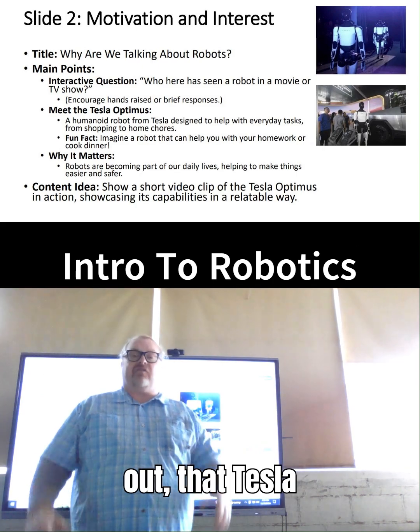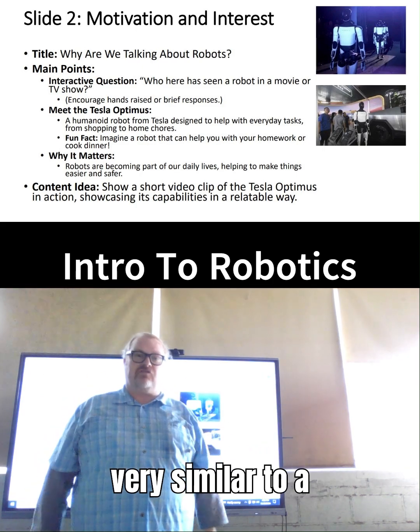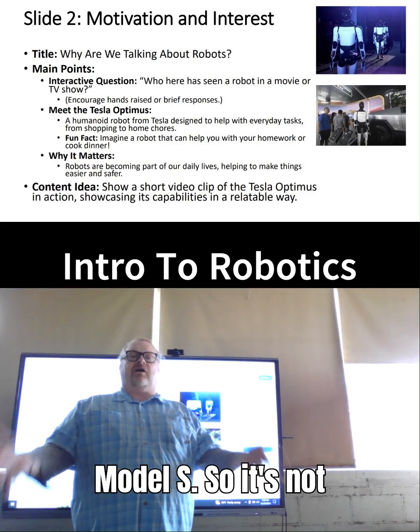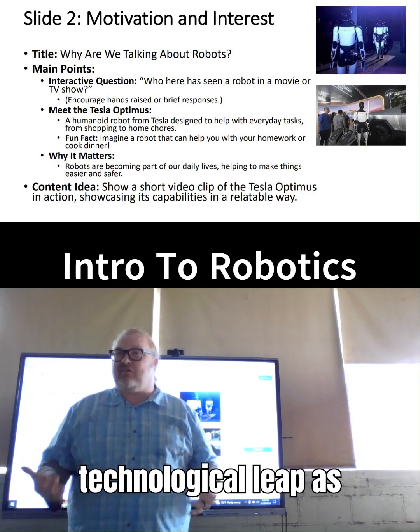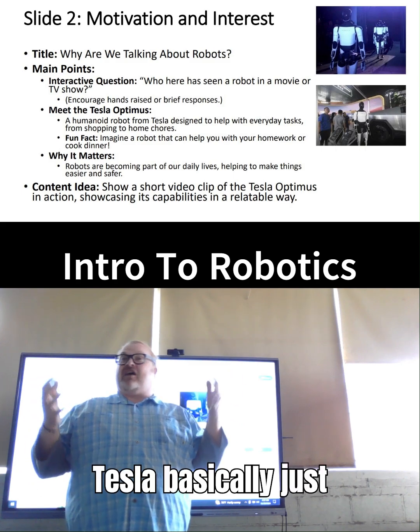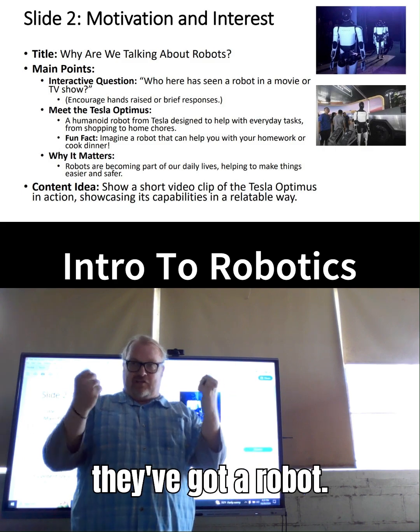As it turns out, that Tesla you're looking at there is technically very similar to a Tesla automobile, like a Model 3 or a Model S. So it's not quite as big of a technological leap as you might think. Tesla basically just put a new chassis on their car, and voila, they've got a robot.